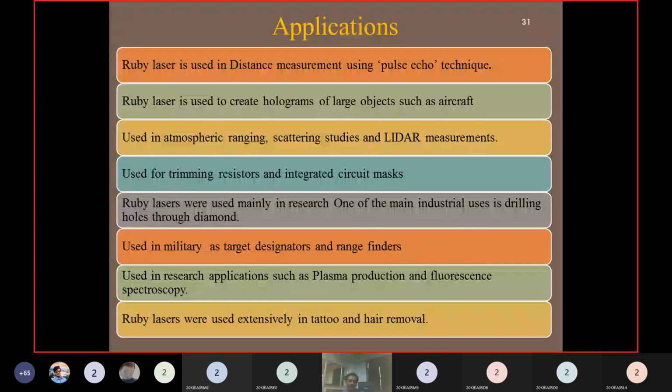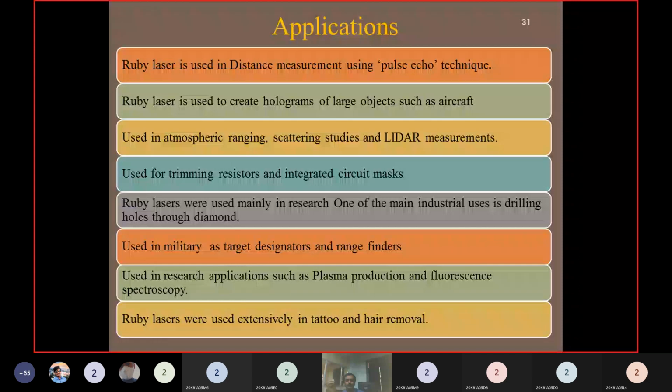And this is also used in research applications such as plasma production and fluorescence spectroscopy. So plasma production means the fourth state of matter. We have three states: gas state, solid state, and liquid state. So another state is the plasma state. If you want to produce the plasma state, we can use the ruby laser.